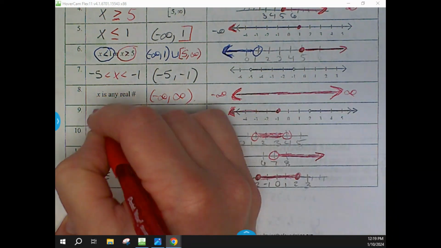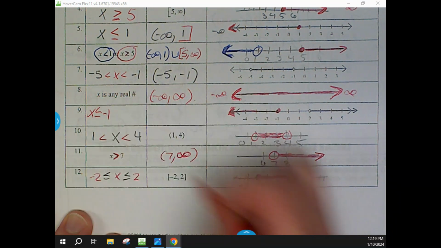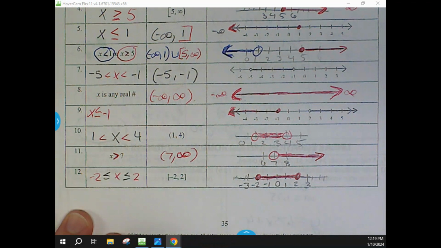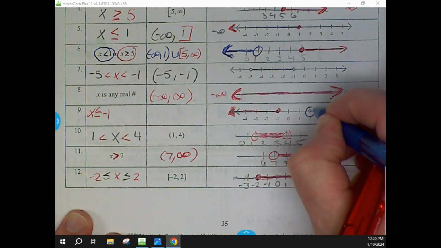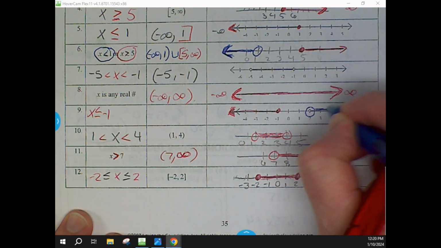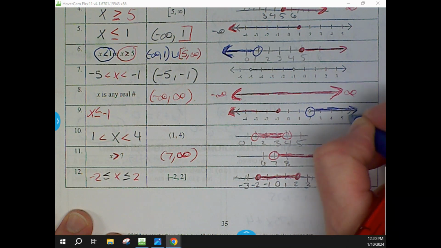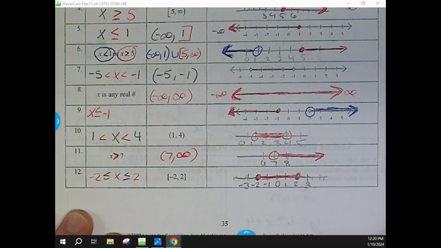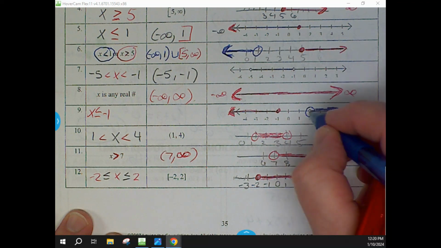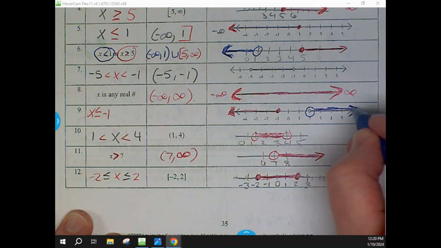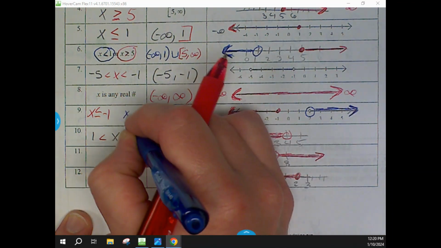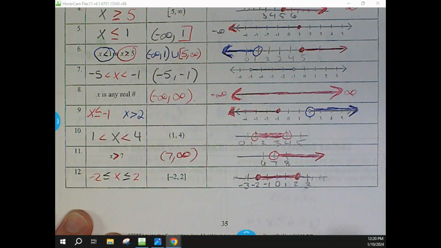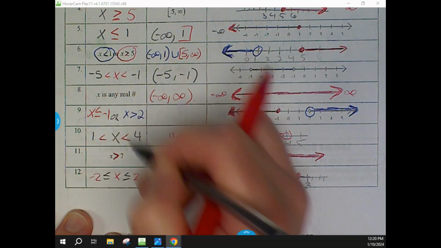That's going to be x is less than or equal to -1. The right-hand part of the graph, we've got an open circle at 2. This one's headed off that direction, so that would be x greater than 2. And if it's a 2-part graph, we're just going to put an OR in the middle of it.